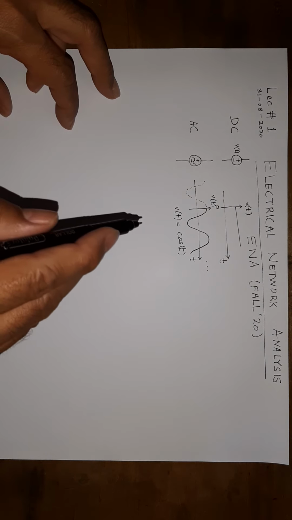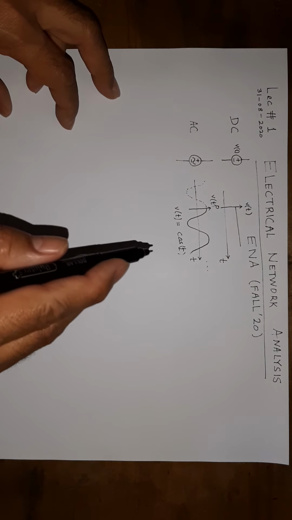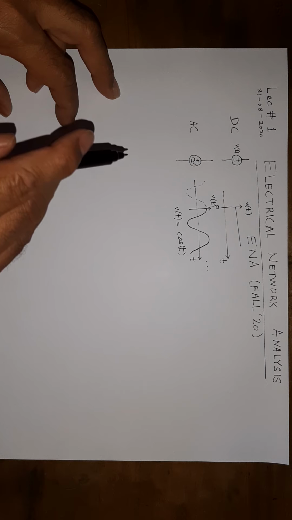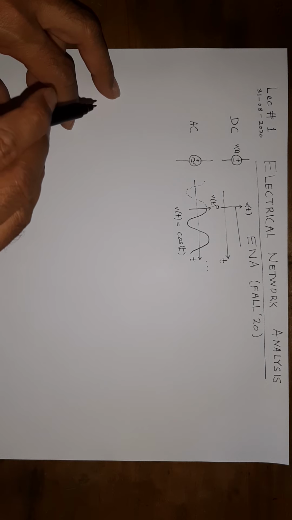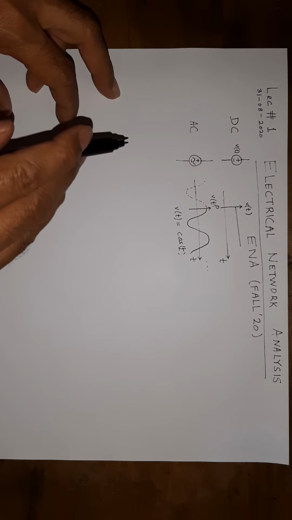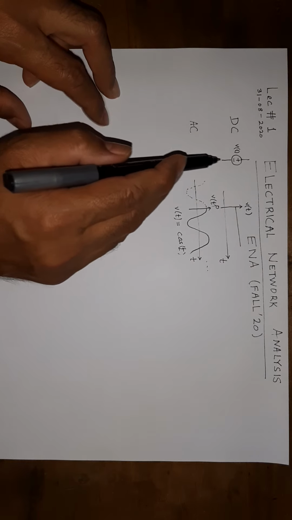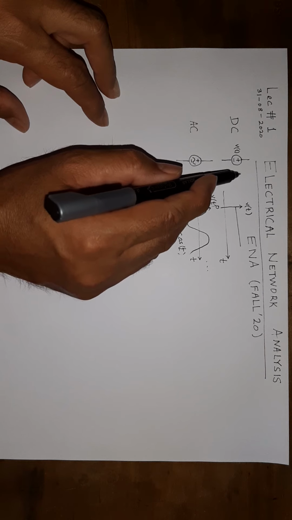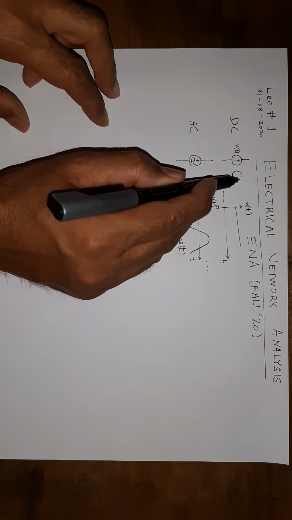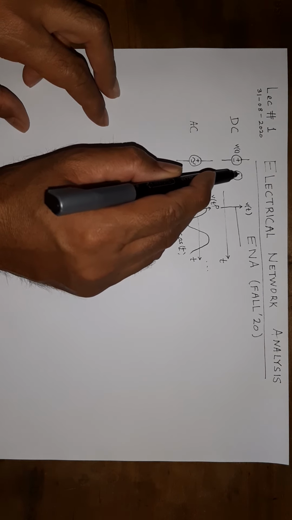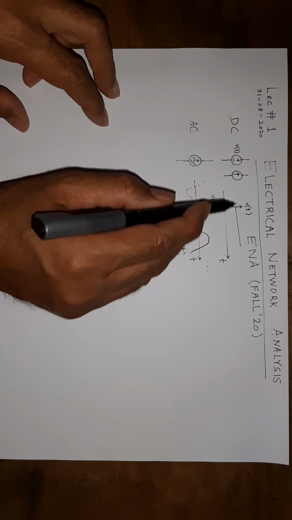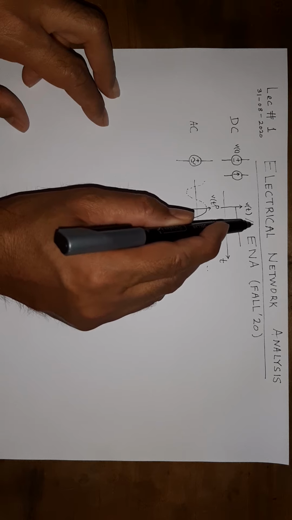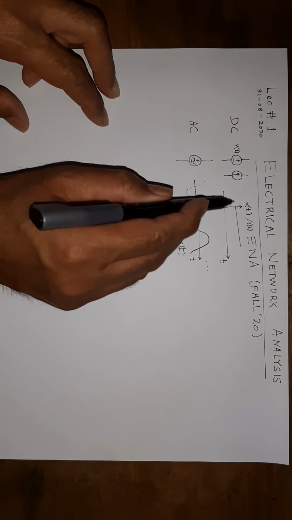So we will start this ENA course with the study of circuits with AC sources. Similarly, if this would have been a current source, then we used to represent it with such a symbol, and it would be a constant value.